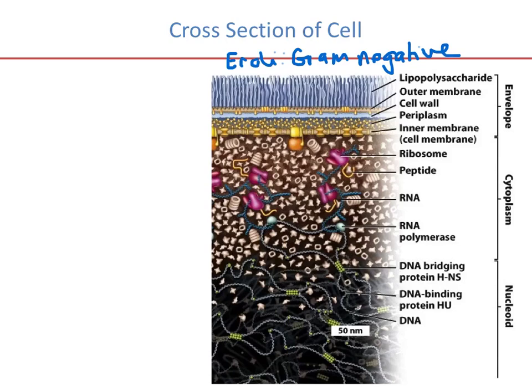Now, when we're talking about cells, bacterial cells specifically, there are three things in common. And the first thing that they have in common is a thick, complex outer envelope. If I can spell here.